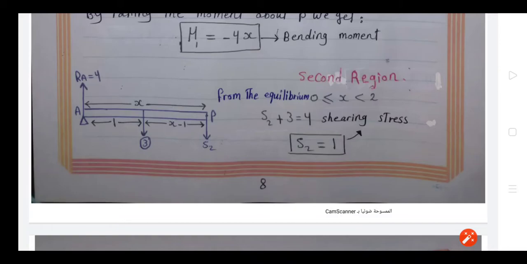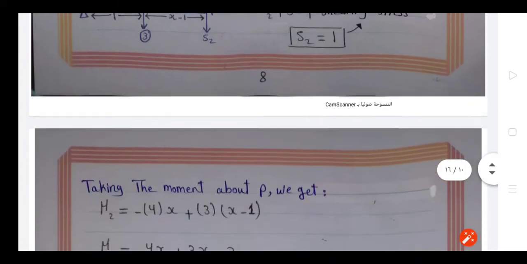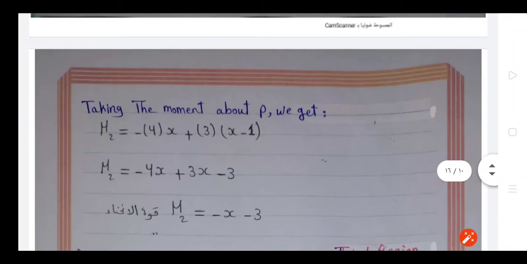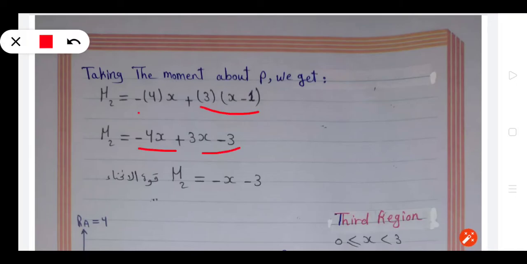To find the moment, we take a moment about point B. We have two forces. 3 is anti-clockwise, so 3 times x minus 1 is positive, and 4 is clockwise, negative 4 times x, negative 4x. So negative 4x plus 3 times x minus 1 equals negative 4x plus 3x minus 3. Then M2 is equal to negative x minus 3.